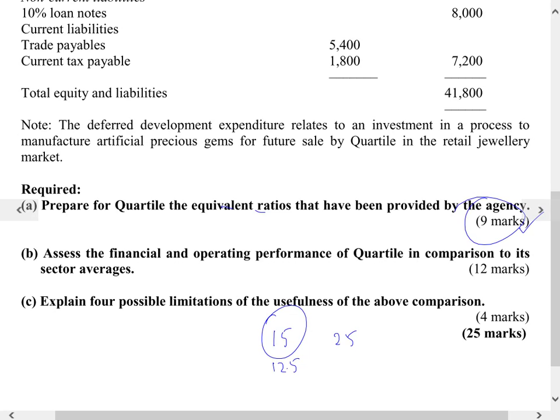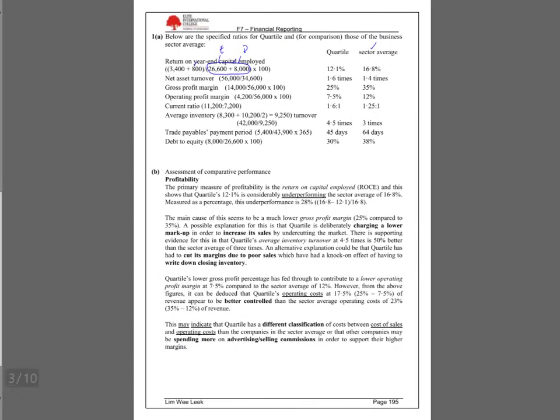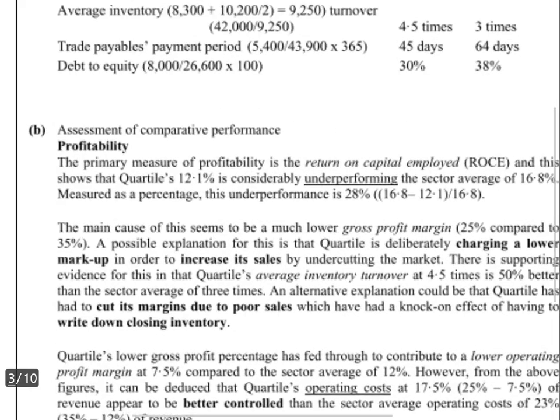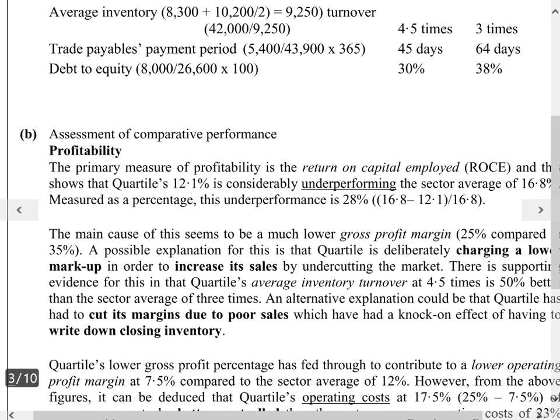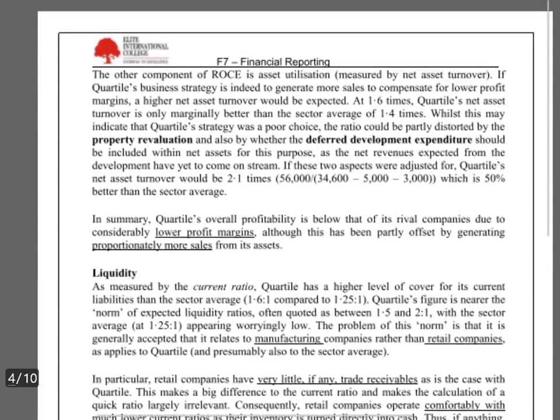Then assess the financial and operating performance. Financial more on the gearing, operating more on the profitability in comparison to its sector average and the asset turnover. So you can see the answer. They start with profitability, and after that, we try to dissect how to explain.